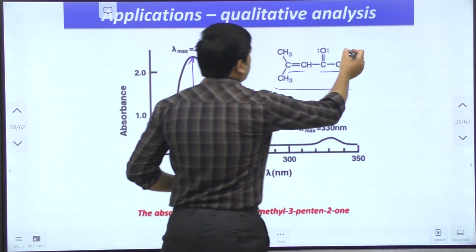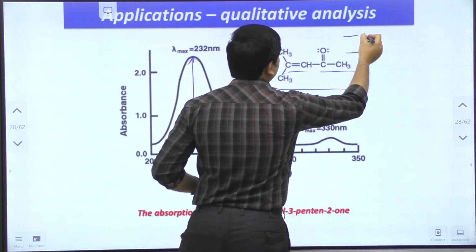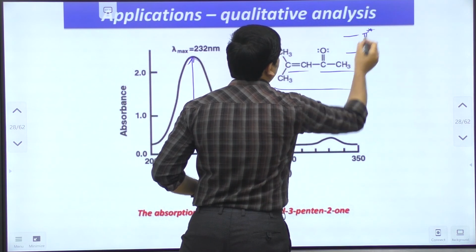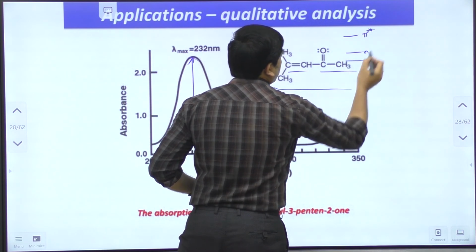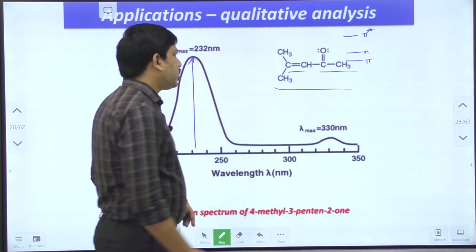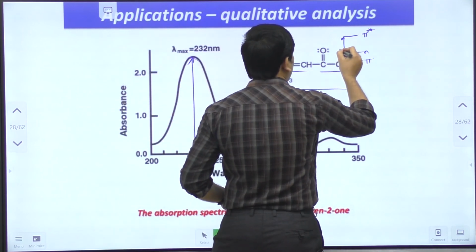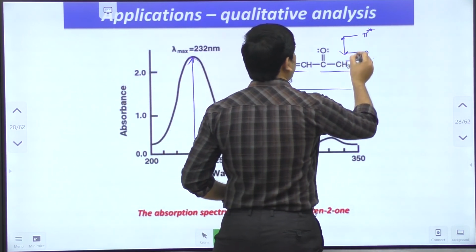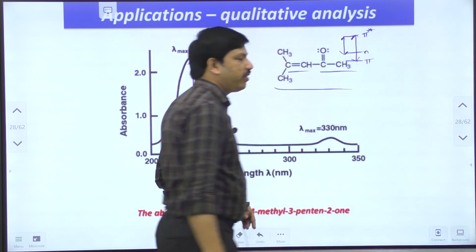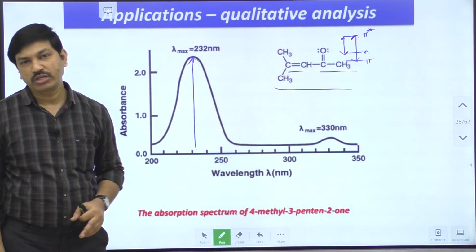Generally, this is the non-bonding level, this is the pi star level, and this is the pi bonding level. Generally n to pi star requires a longer wavelength, and pi to pi star requires a shorter wavelength.